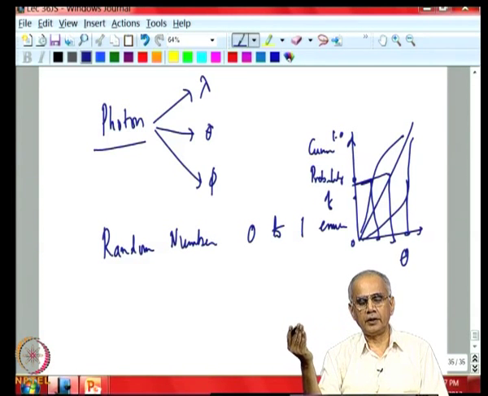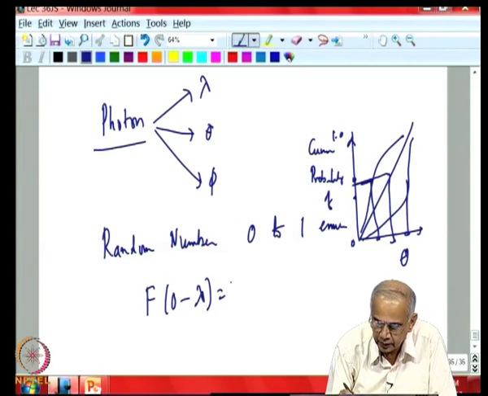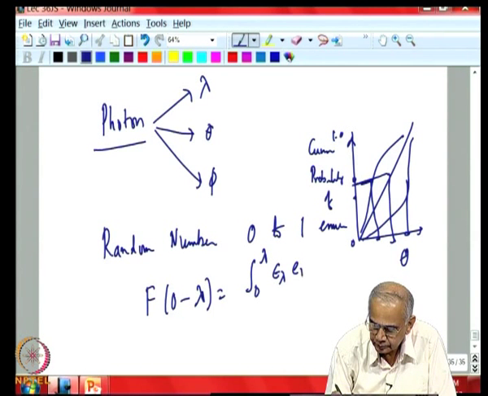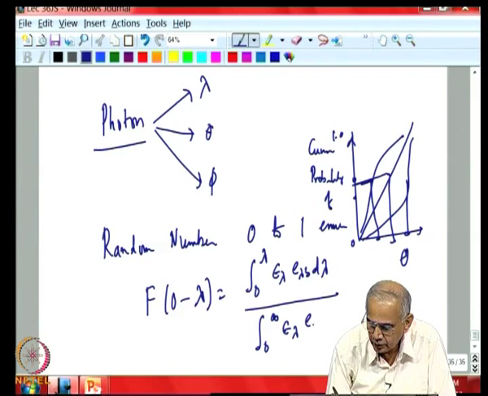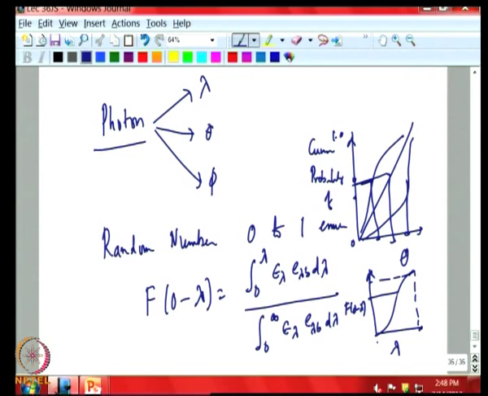Next come to wavelength, and you know that the fraction of radiation lying in the region 0 to lambda is nothing but this; all of you know this. So, this again can be shown as a cumulative probability distribution where as lambda increases from 0 to infinity, this will go like that.